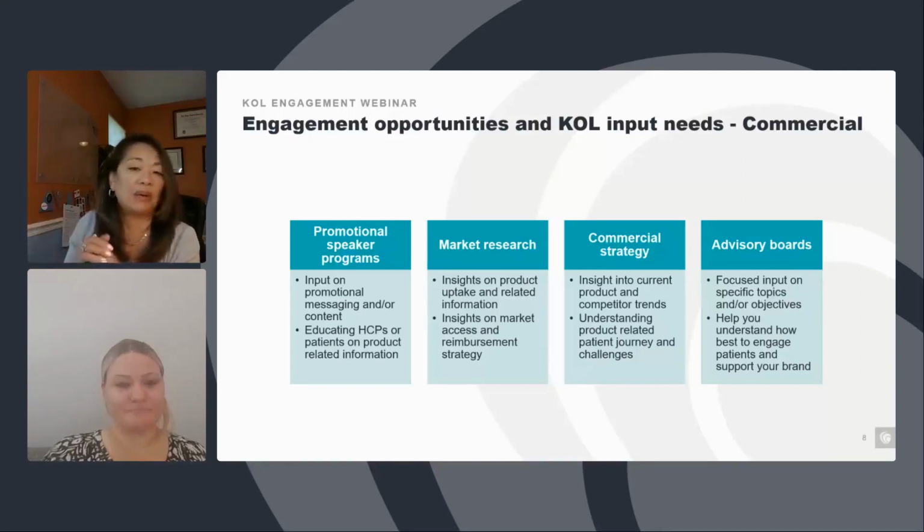And input on promotional messaging and or content in terms of what types of educational opportunities would be helpful for healthcare providers or specifically for patients on product specific information, right? Sam, if you notice, in our examples here, from the commercial standpoint, it is definitely very product specific. It's called out very specifically, right?